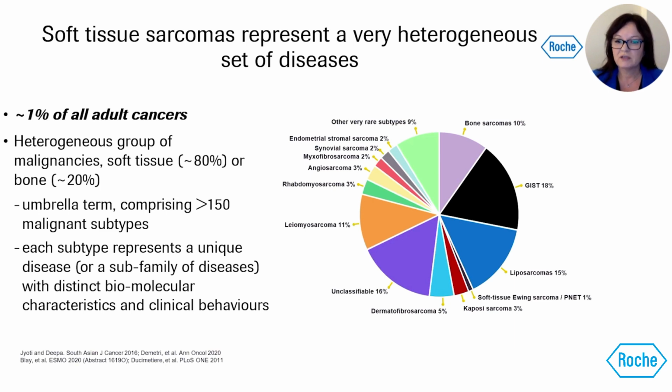Sarcoma is a heterogeneous group of malignancies, soft tissue approximately 80% or bone 20%. It is an umbrella term comprising more than 115 malignant subtypes. Each subtype represents a unique disease or a subfamily of diseases with distinct biomolecular characteristics and clinical behaviors.